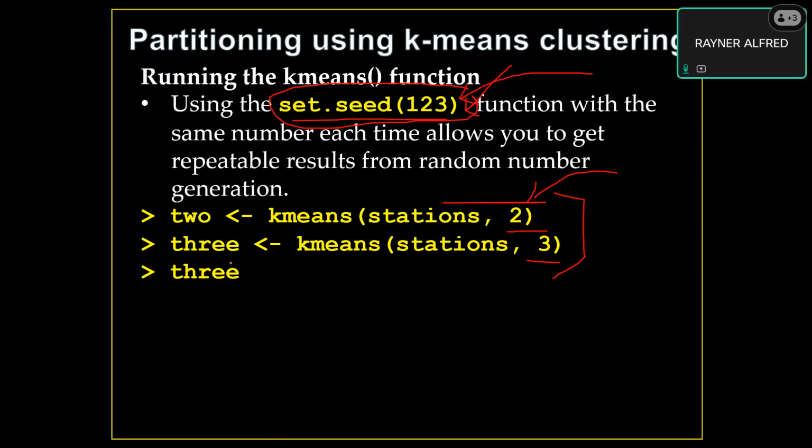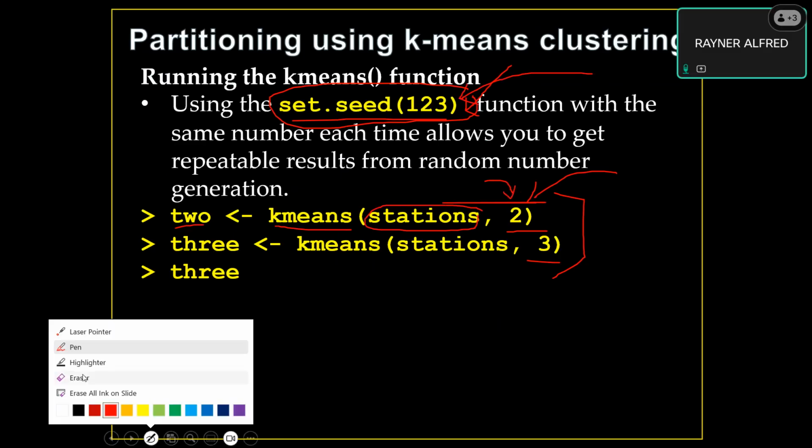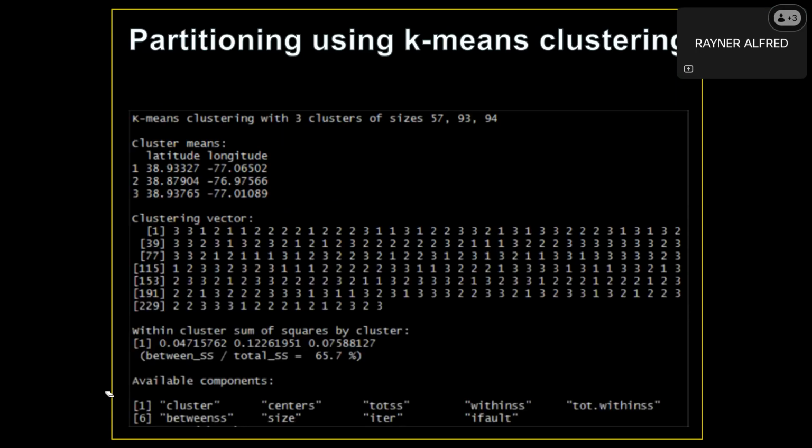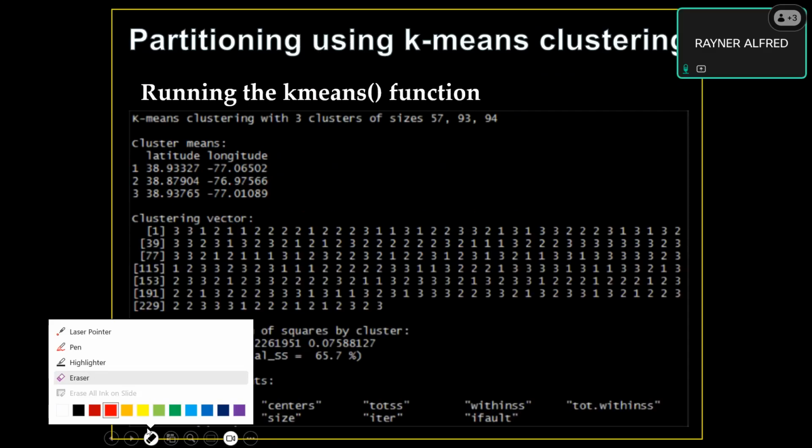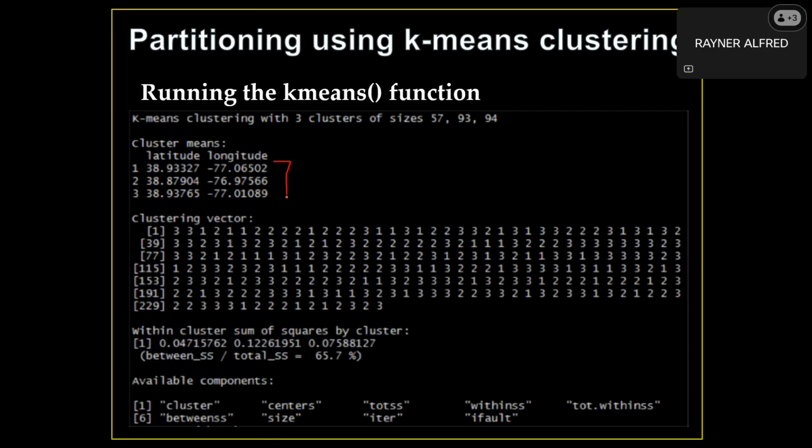So for this one, we do the clustering just by calling the k-means, and then this is our data set, and we say what is our k. And if you look at the tree here, this is our center, and this is the membership of all individual records that we have.